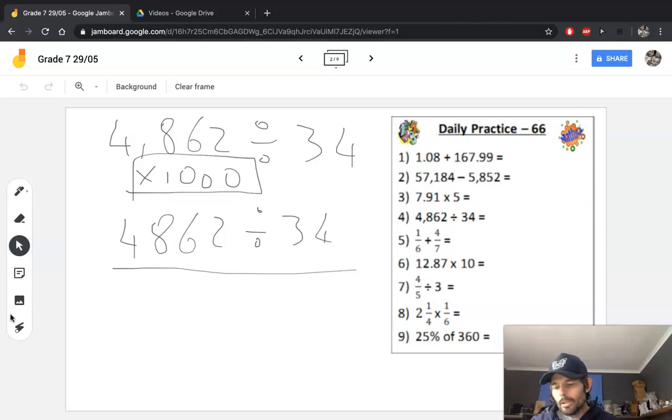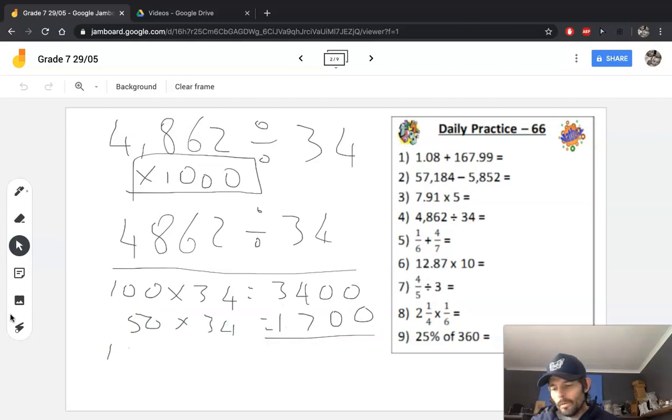So to work this out, I'm going to go 100 times 34 equals 3,400. I'm then going to work out that 50 times 34 is equal to 1,700. So therefore 150 times 34 is equal to 5,100. So I've got too much. So now I need to work out how much more have I got.